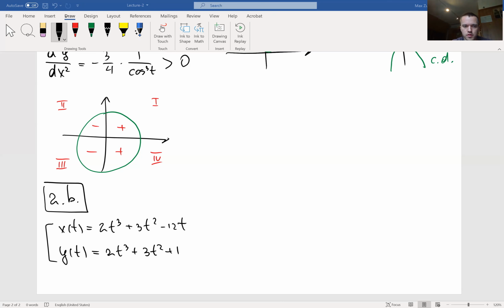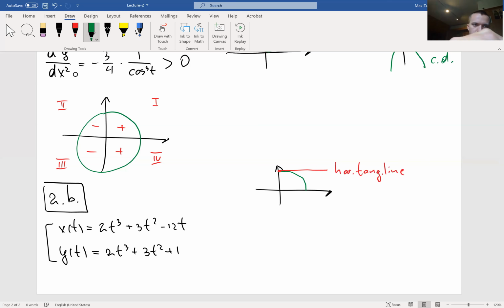Okay. So we want to find horizontal and vertical tangent lines. Let's sketch something that looks like this. It's not actually a function. You can see that this is going to be your horizontal tangent line, and this line over here is going to be our vertical tangent line.